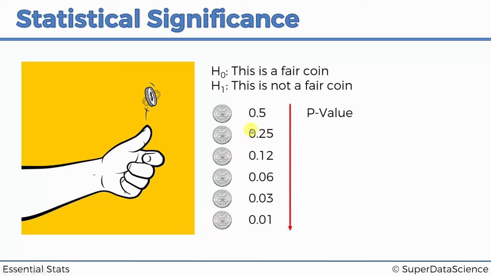However, if you think about it for a second, if we were in this universe where it's not a fair coin, where for example it's a weighted coin, or both sides of the coin are tails, then these p-values would be completely different. They wouldn't be like this. The p-values would be 100%, 100%, 100%, 100%, 100%, 100%. So if we lived in this second universe, we wouldn't get that feeling.